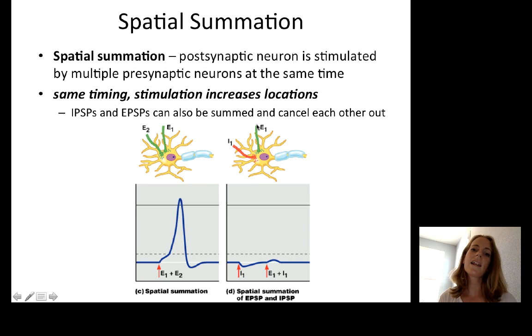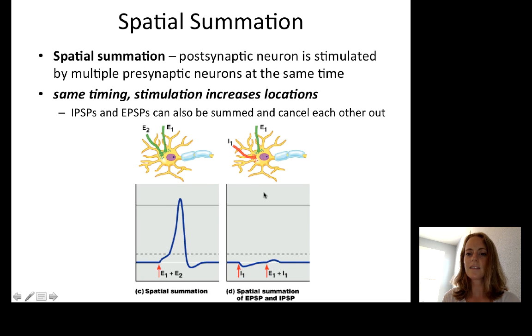Okay. If instead of adding an excitatory graded potential to E1, we add an I, or an inhibitory graded potential, that inhibitory graded potential can cancel out the excitatory potential from E1.